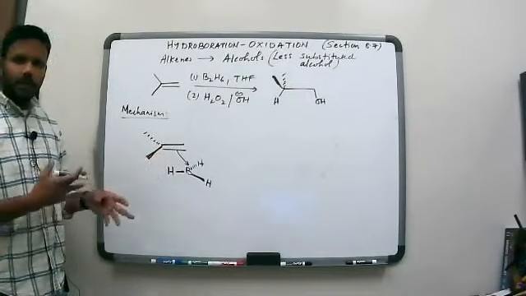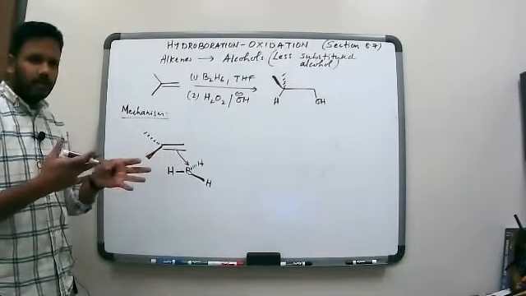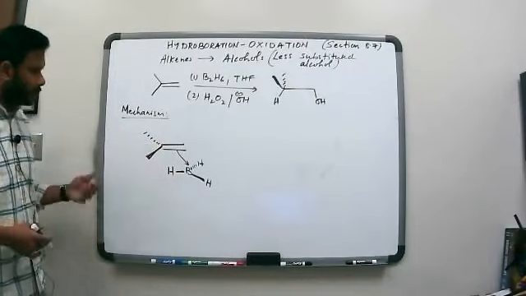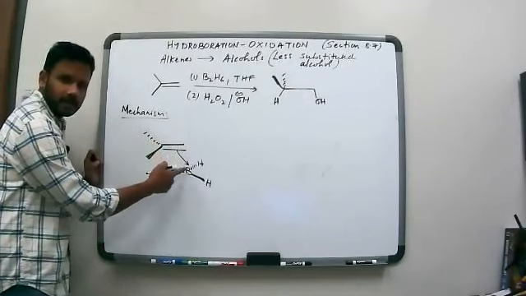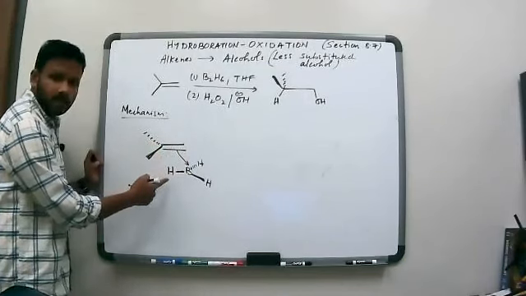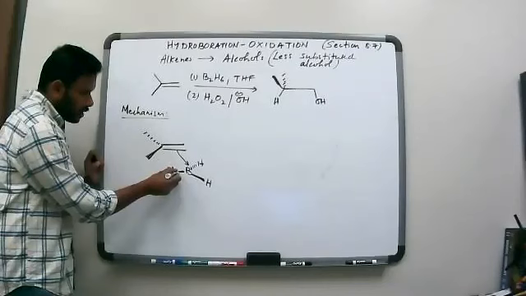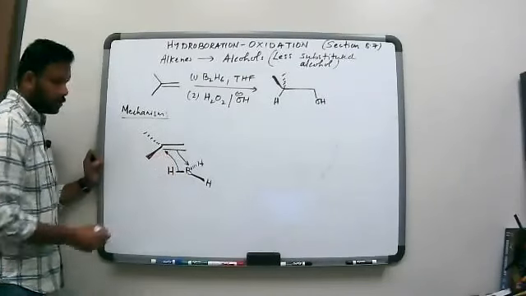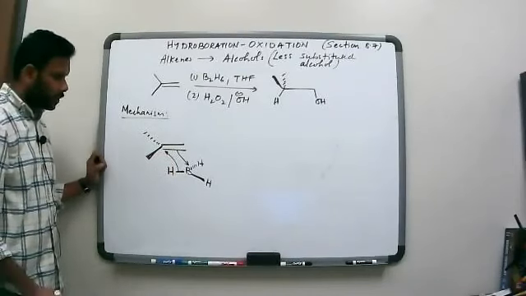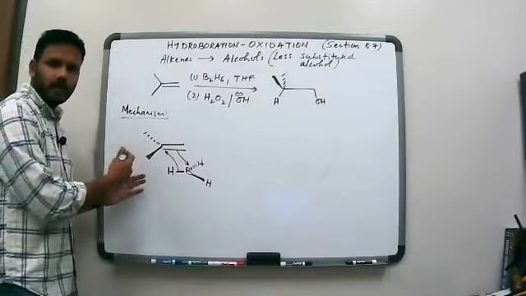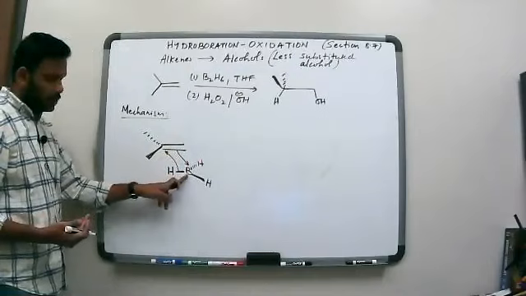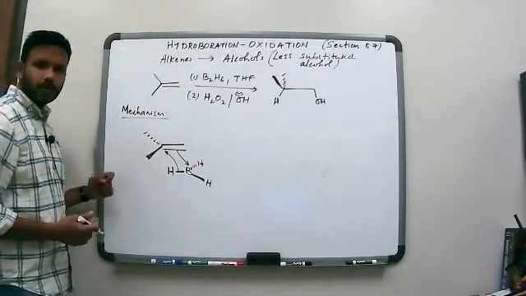And then once you get the carbocation, there should not be any syn stereochemistry here. So what happens instead is, as the pi bond attacks that boron, one of these hydrides actually makes an attack on that more substituted carbon. You can imagine this as a hydride shift of some sort, a hydride shift from the boron to that carbon.